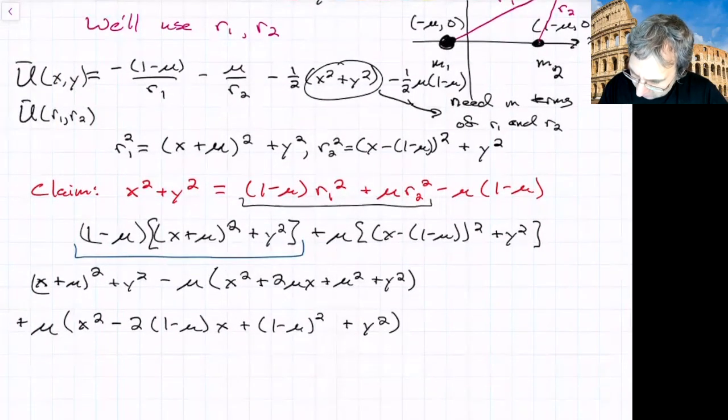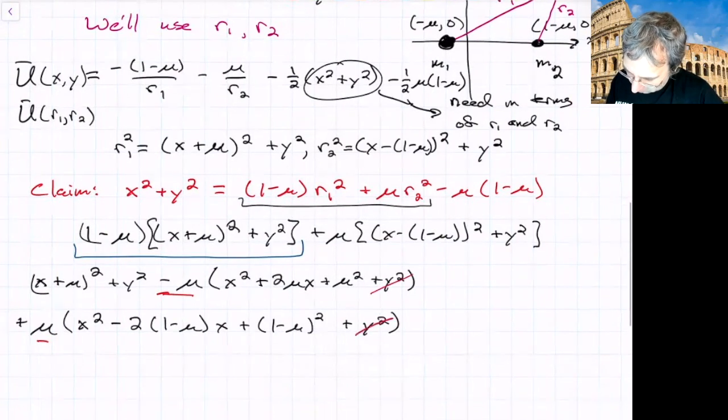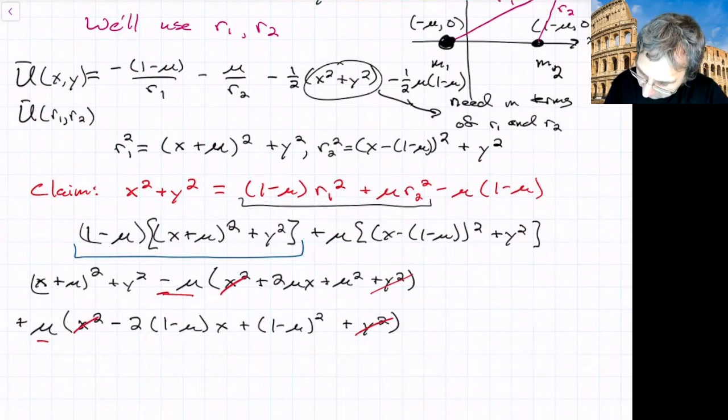And maybe you could already see that some things will cancel, right? This is a minus mu and this is a plus mu. So for the y squared things, mu times y squared, these will go away. Mu times x squared, those two will go away. Let's just write the rest of it out.